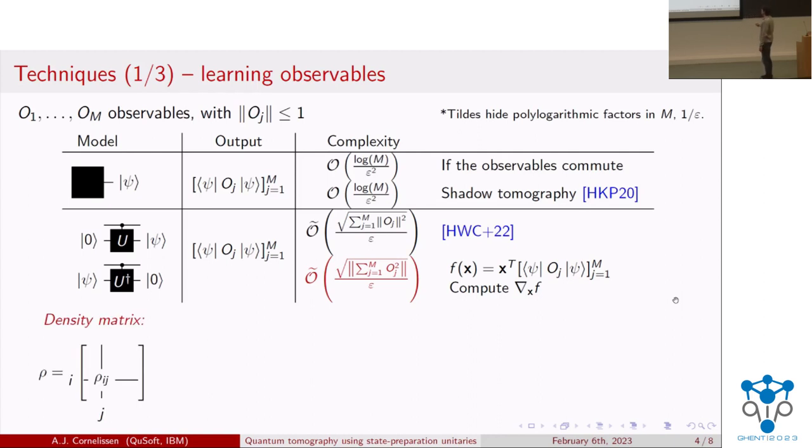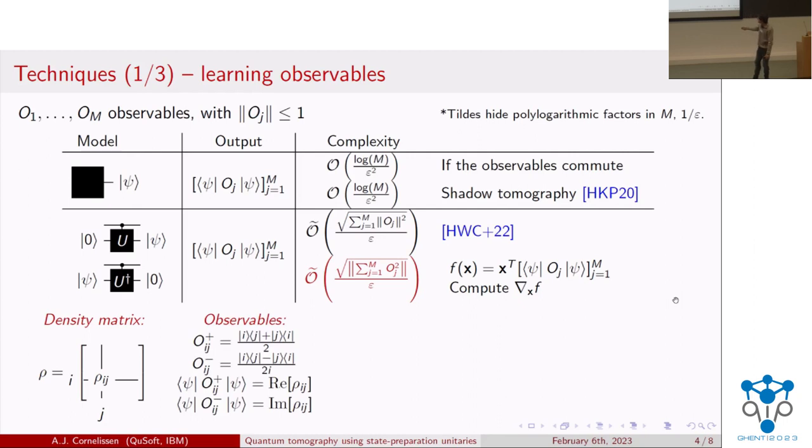And then the question is, okay, you can learn these observables in this number of queries, but how does this relate to learning the density matrix, which is in the end what we want to do? Suppose that this is our density matrix, and we have the ij entry here.